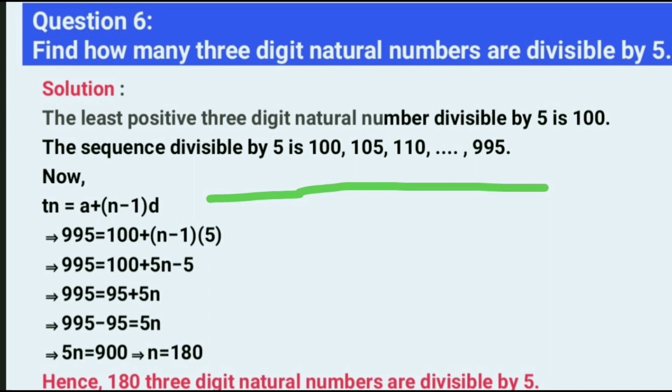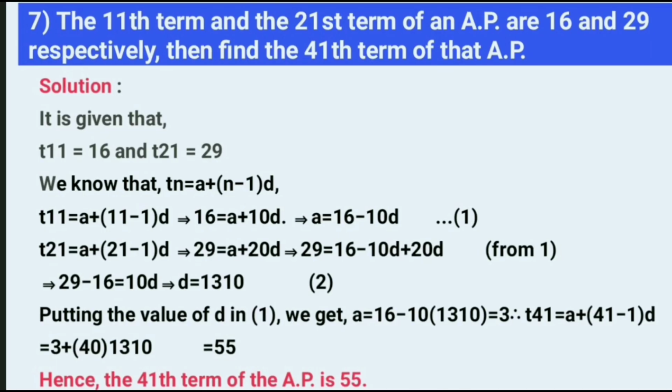So 995 is equal to 95 plus 5n. So 995 minus 95 is equal to 5n. 5n is equal to 900. So n is equal to 180. Hence 180 three-digit natural numbers are divisible by 5.